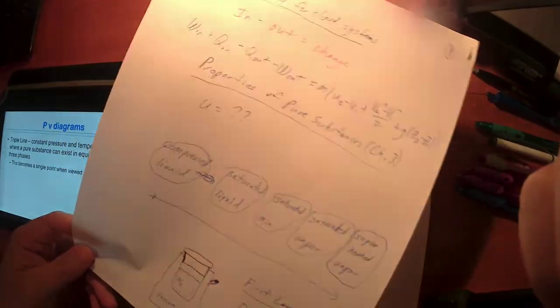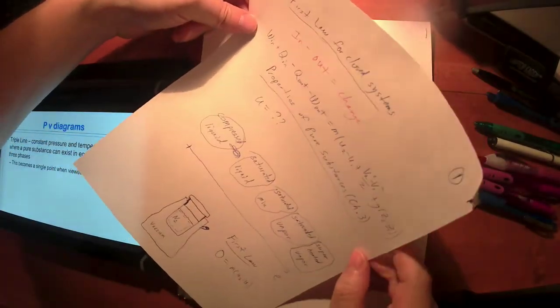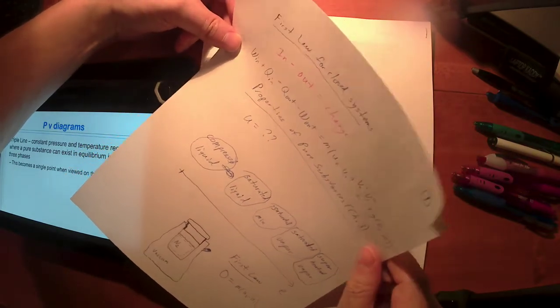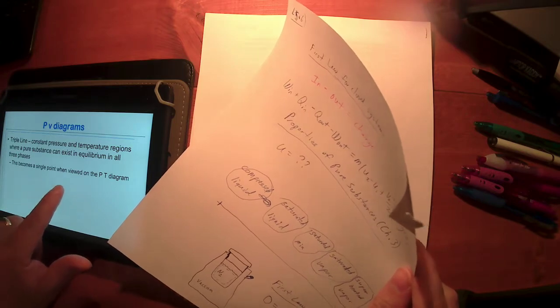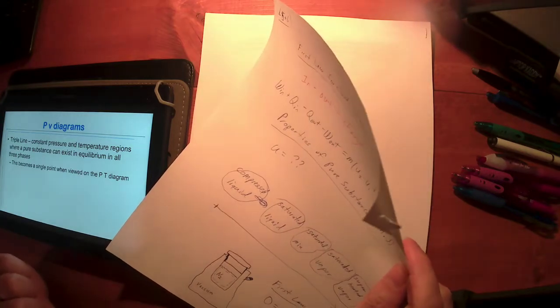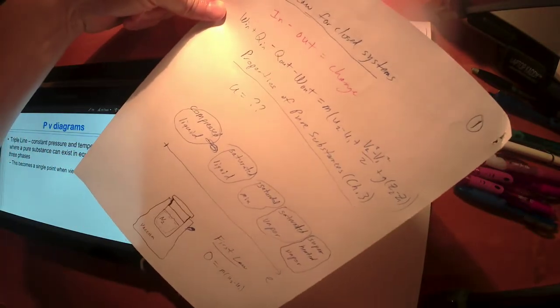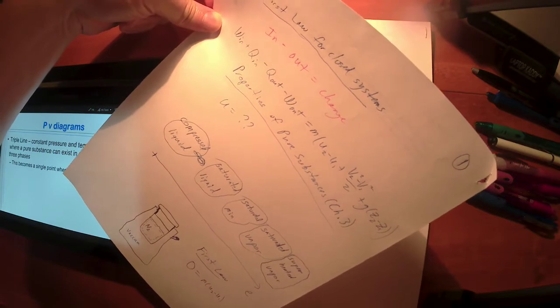Let's say I hold this paper in 3 dimensions. There's a statement here that says this becomes a single point when viewed on the PT diagram. So let's say that this sheet of paper basically represents the saturation dome, if you will.